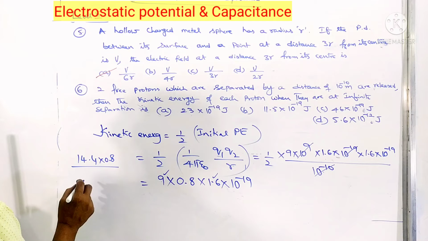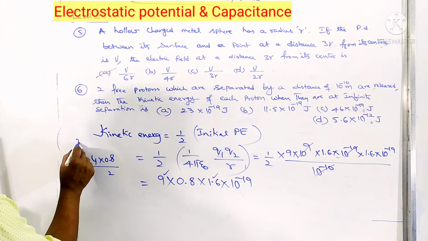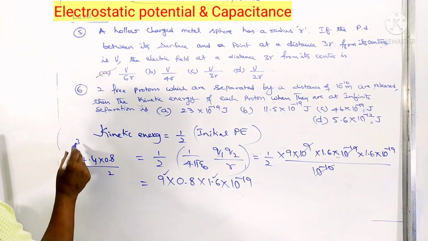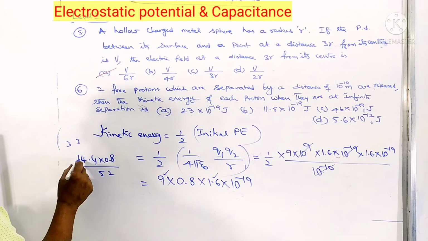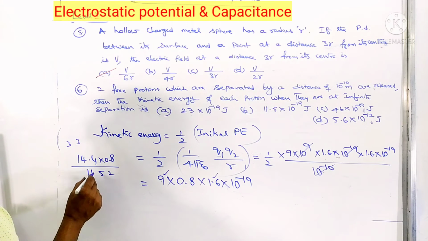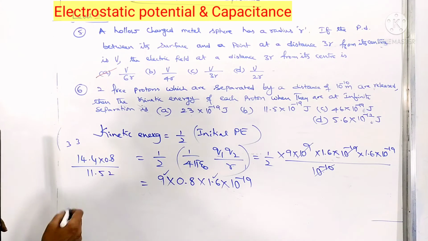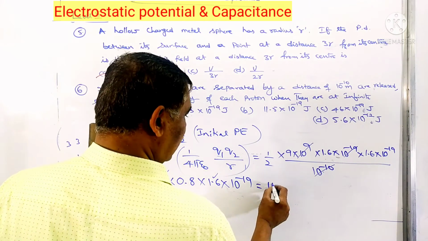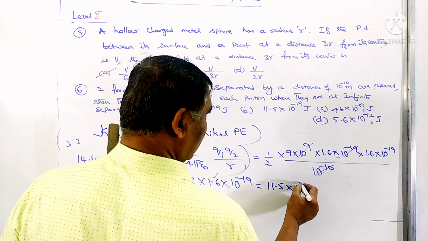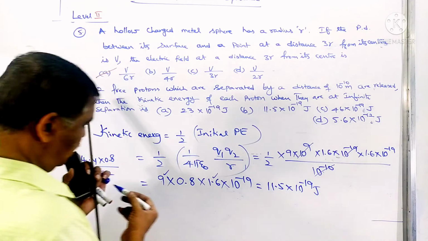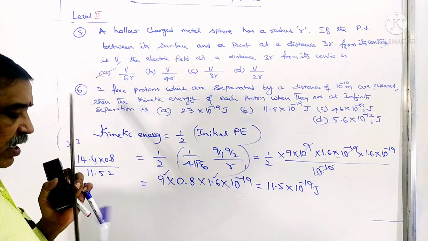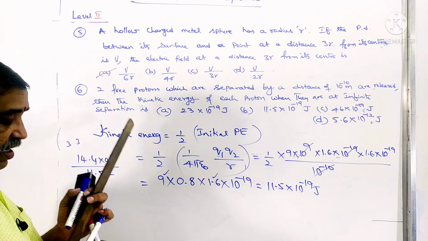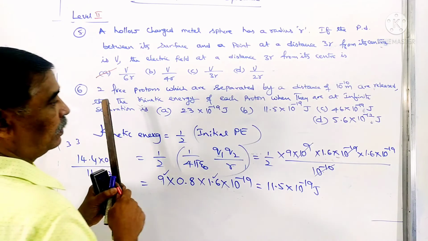So 8 into 4 is 32, 8 into 4 is 32 plus 3 is 35, 8 into 1 is 8 plus 3 is 11. So this gives us 11.5. So approximately this is 11.5 into 10 power minus 19 J. This is the answer. This is available in option B. So B is the answer for this question.